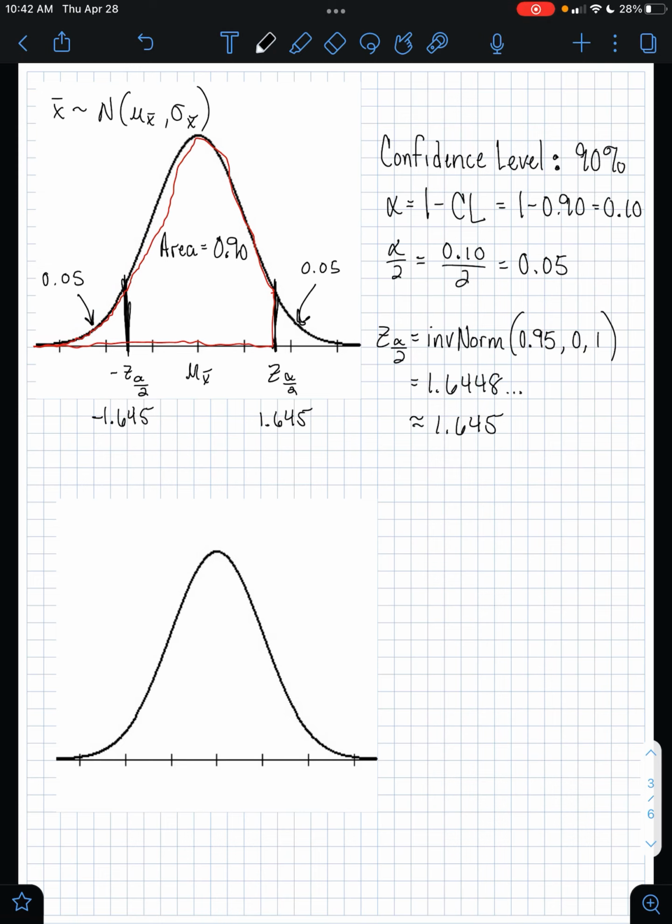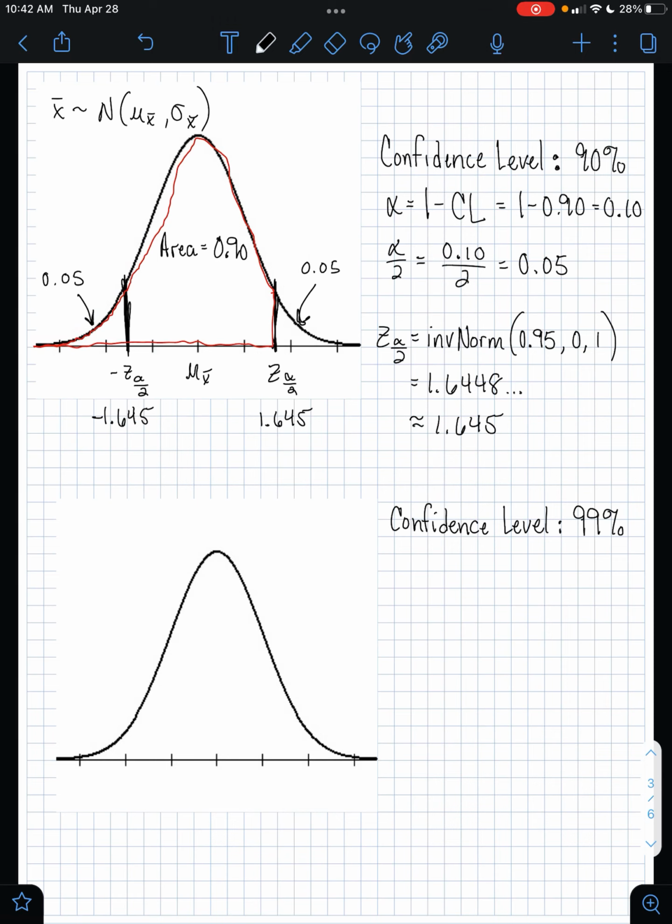But there are all different kinds of confidence levels that we can use. Sometimes we want a very high degree of confidence, like say 99%. We want to be virtually certain that we have found the range of values where the population mean is.